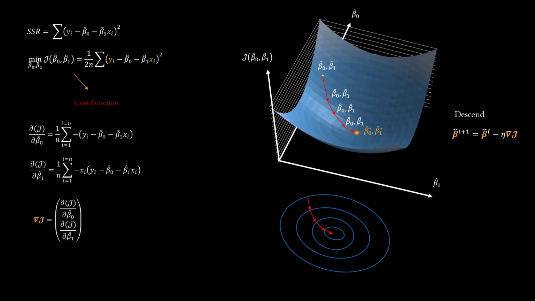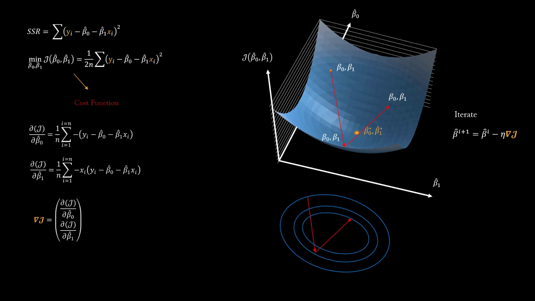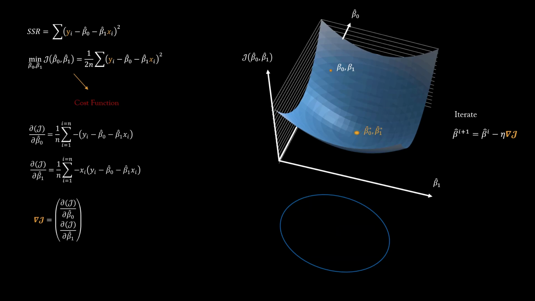We use a learning rate called eta to control the step size of the descent. If we take giant steps, then we might oscillate over the minima. That's not very good. On the other hand, if we take very small steps, then it'll take forever to reach the minima.